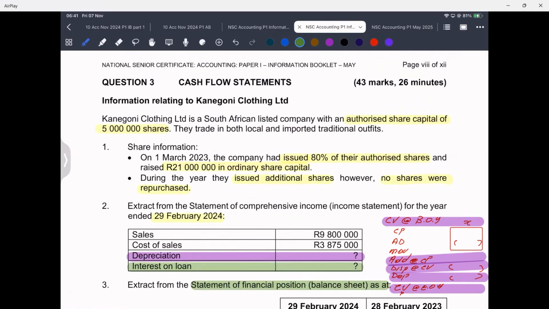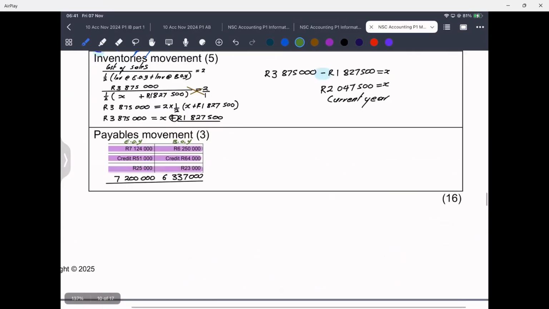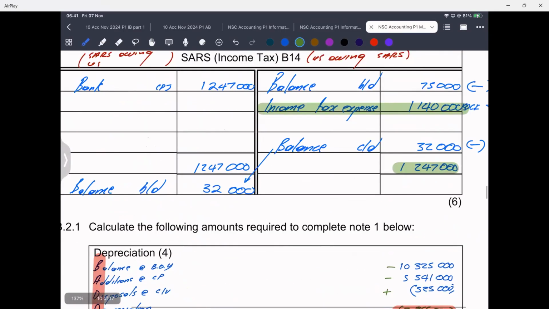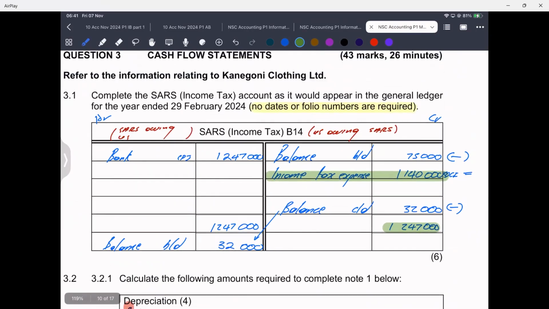You have to use the information that you've got, and the information that you have here is from the first question. Remember the first question? They gave us income tax. We had to calculate our income tax, which was 1,140,000.